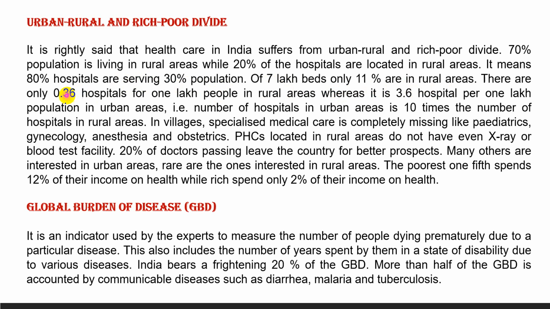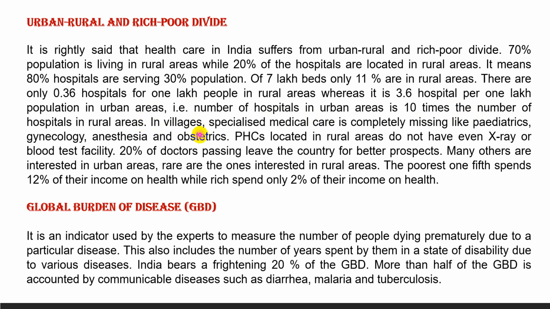There are only 0.36 hospitals for 1 lakh people in rural areas, whereas it is 3.6 hospitals per 1 lakh population in urban areas. That is, number of hospitals in urban areas is 10 times the number of hospitals in rural areas.